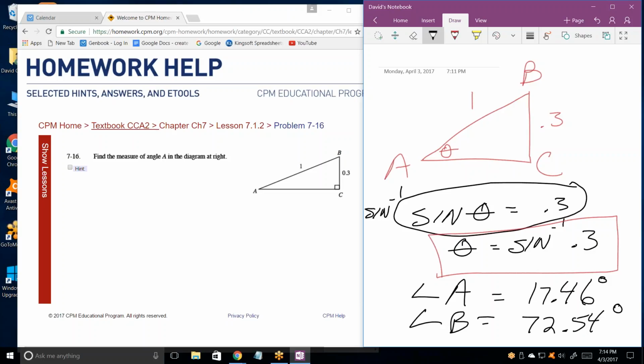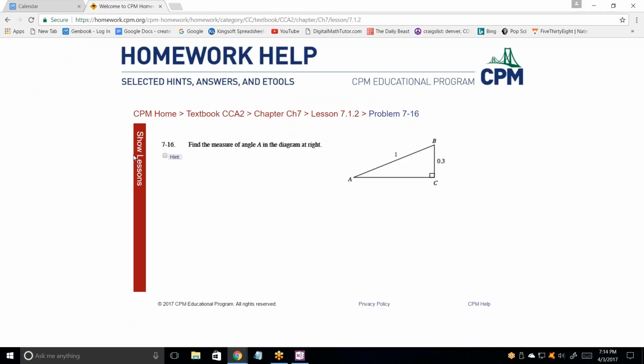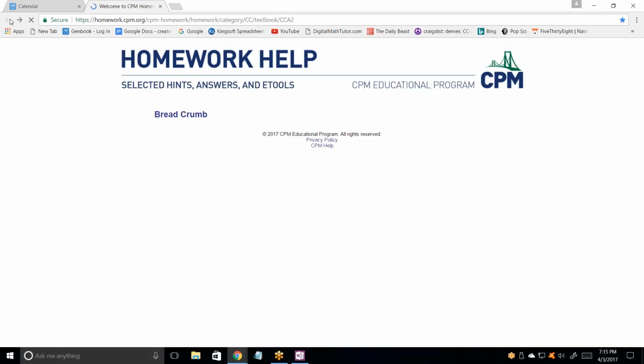All right. So I guess I want to go back, and how do I go back? It won't let me click on Show Lessons. Huh. Let me try going back to this.